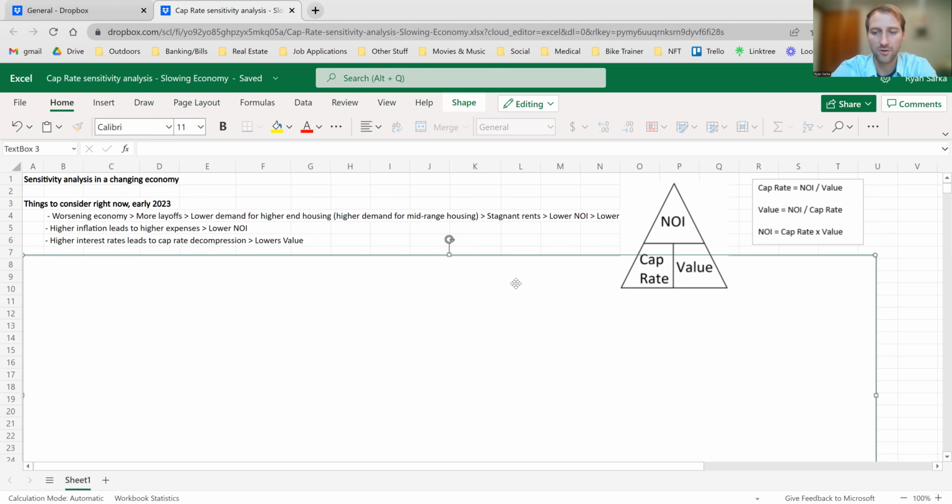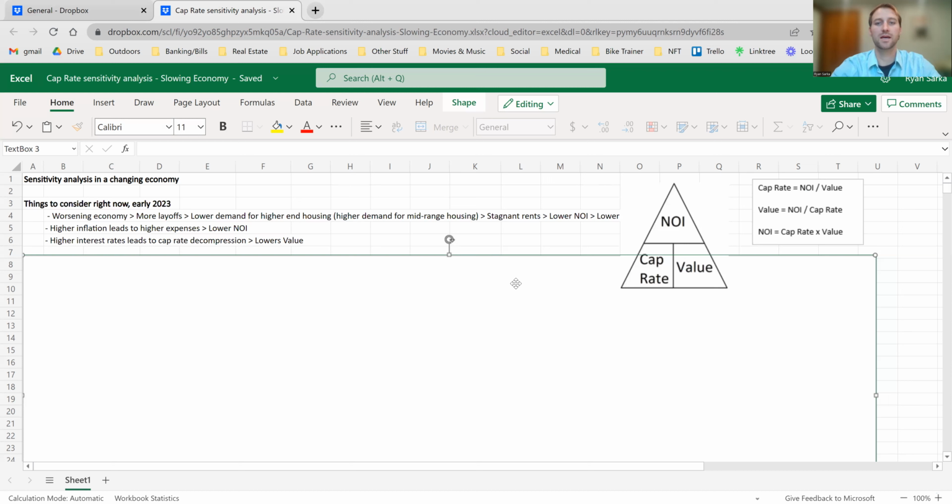Right now, it's February of 2023. We have all sorts of different things happening. We have a worsening economy overall. We've seen a lot of layoffs, especially in the tech industry right now. So higher-end jobs seem to be getting laid off.